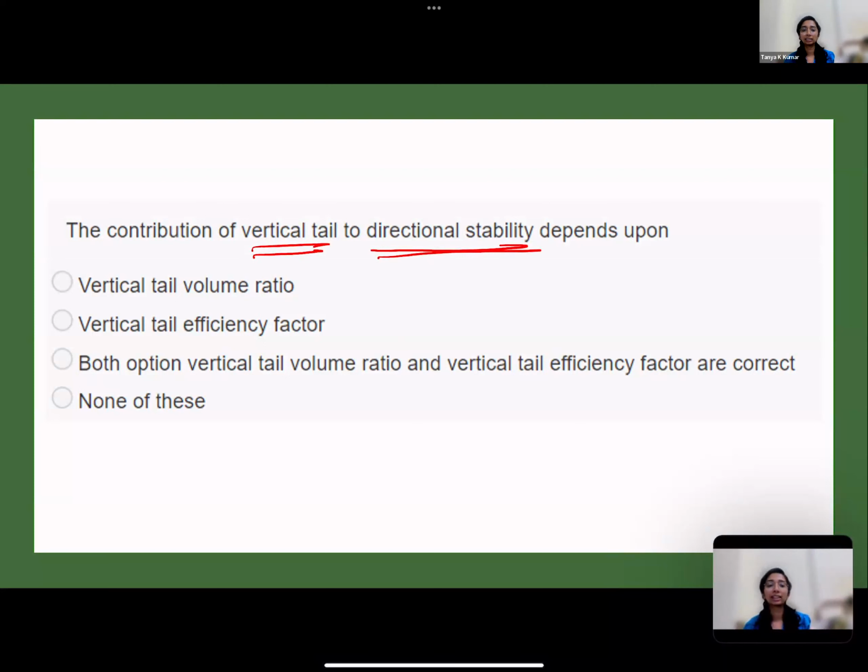Now, which factors affect it? Vertical tail volume ratio V_V, vertical tail efficiency factor eta_VT, both of them or none of them? Which one is the right answer?